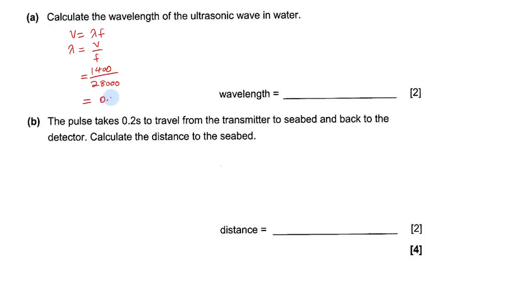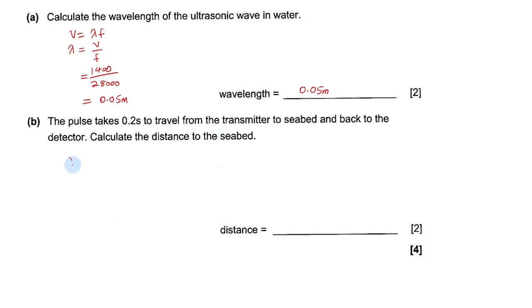So 0.05 will become the wavelength in meters. So 0.05 meters. Then they're saying B, the pulse takes 0.2 seconds to travel from the transmitter to the seabed and back to the detector. Calculate the distance to the seabed.